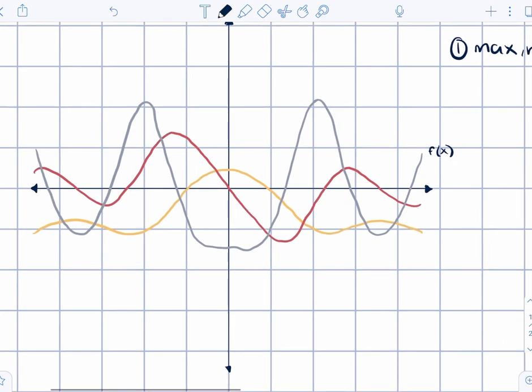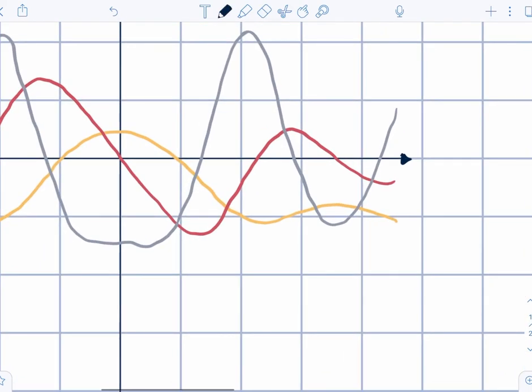So if there's a max here, the derivative function should cross the x-axis, and it should be the same for here and here. As we can see, that only happens at one point, so we can't determine that this graph is the f of x function. So we got one down. And now let's go on to the next graph.